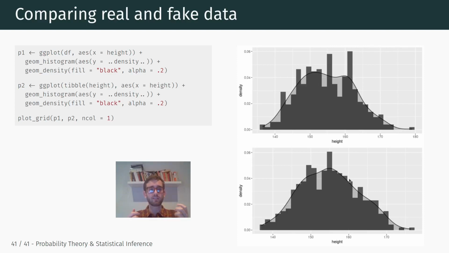Based on simulation, we can create fake data, look at that fake data, and then ultimately compare it to the data that we observe, right? The key takeaway is that we can use this comparison to evaluate to what extent our assumed data generating process, our assumed model, actually resembles what we observe in the real world, right?